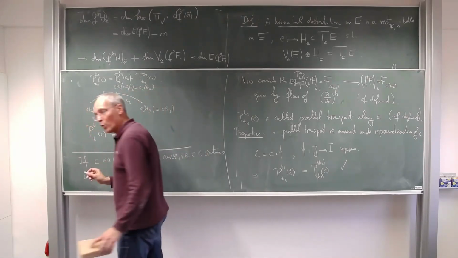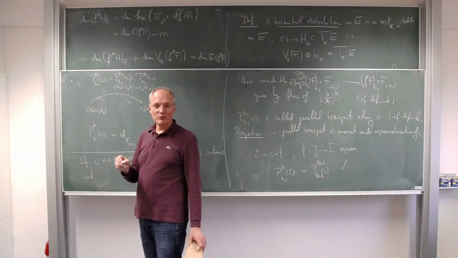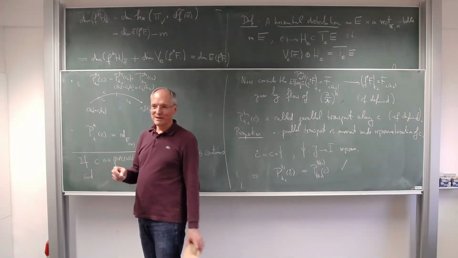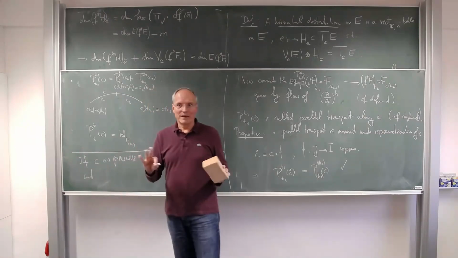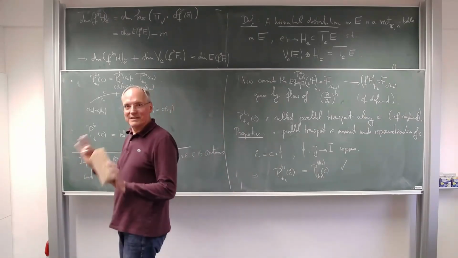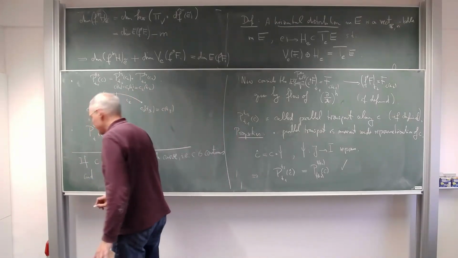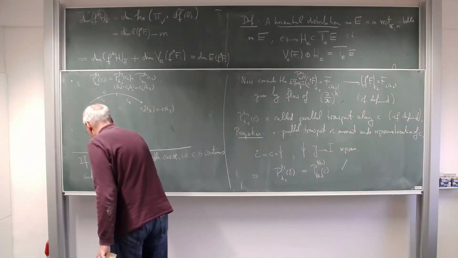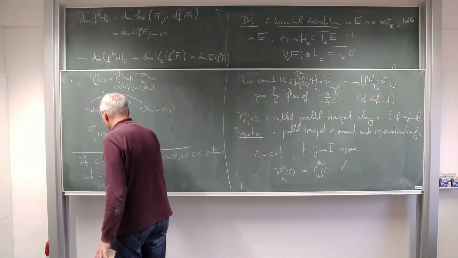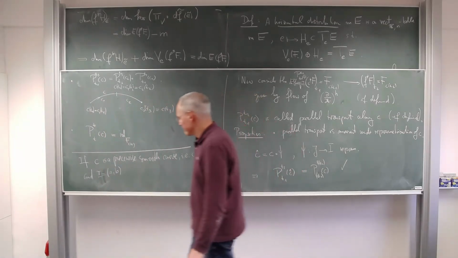I would like to work with open intervals, because if I take a closed interval, then this is a manifold with boundary. And I've never talked about manifolds with boundaries, or in particular when I pull back bundles. It's not a problem, I could do that, but it's not necessary to do it either. So I would like to stick with open intervals. So let's say I is an open interval from A to B, where A can also be minus infinity and B can be plus infinity.